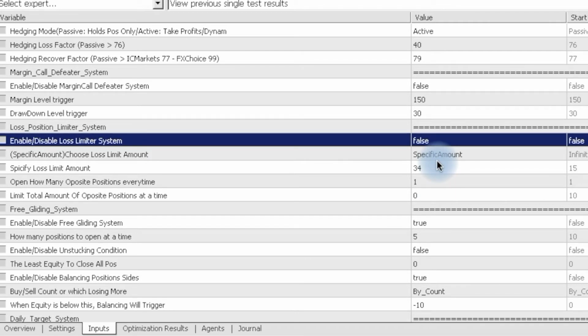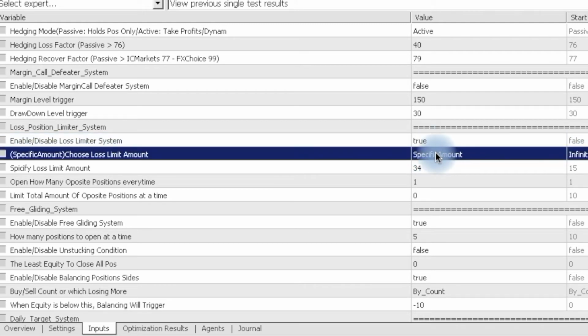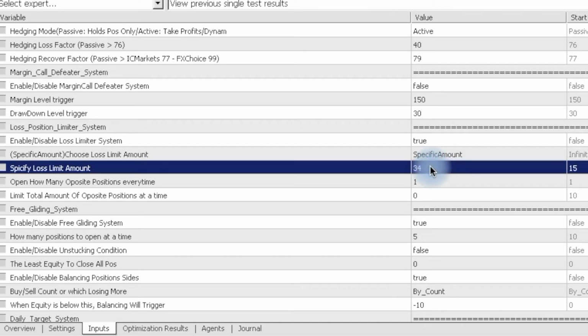This is another strategy, and some people prefer it. Basically, I would enable this system and say I want a specific amount. If I'm losing that specific amount, then close this losing position. I don't want it, and I will start fresh with another position.